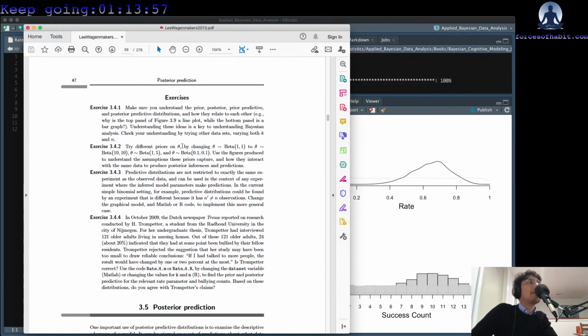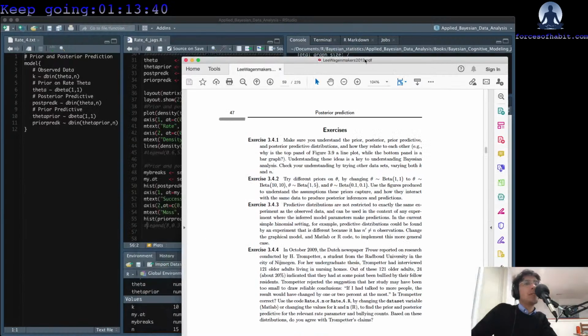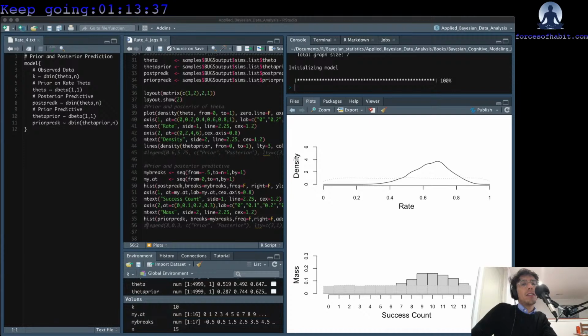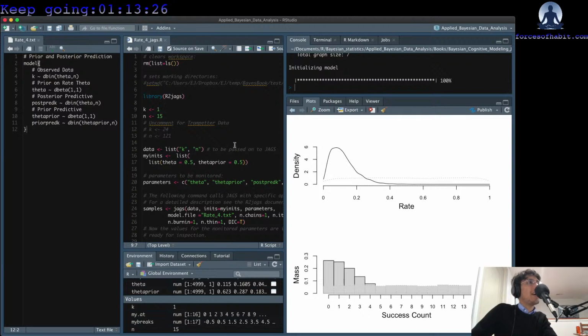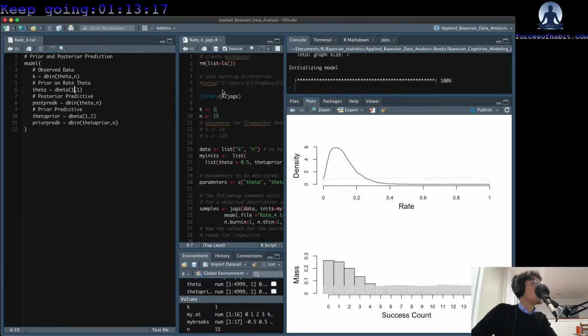So let's try different priors on data by changing the code, and we're going to move from beta to beta 10. So we'll just move through each of them then. All right. So let's change this back to 1. We're back to this low success. And now let's just change this.